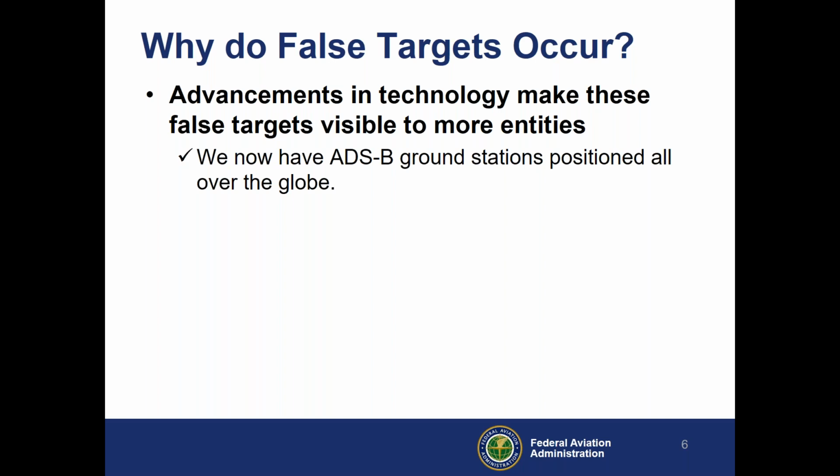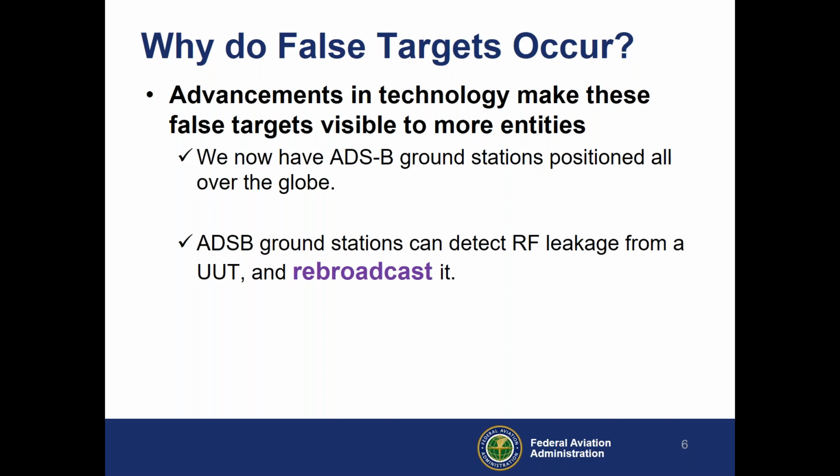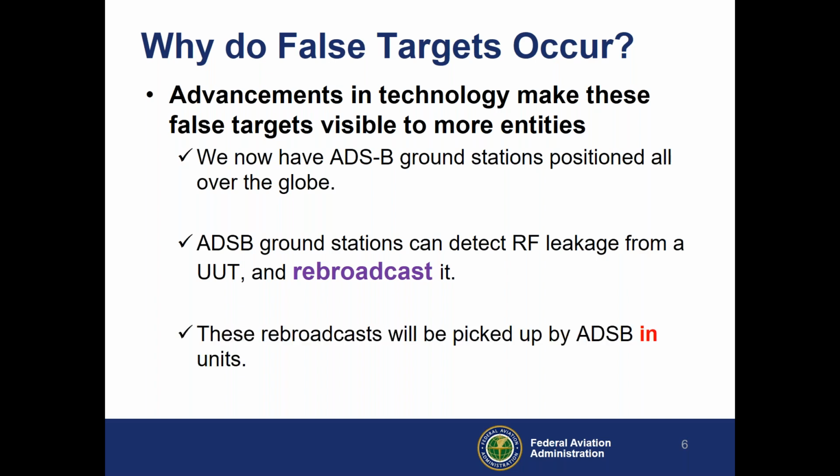Later on, we'll see a map of how many are just around the San Antonio FSDO. These ADSB ground stations can detect RF leakage from a unit under test and rebroadcast that. And these rebroadcasts will be picked up by aircraft that have ADSB In systems.